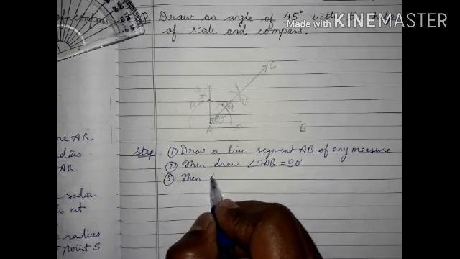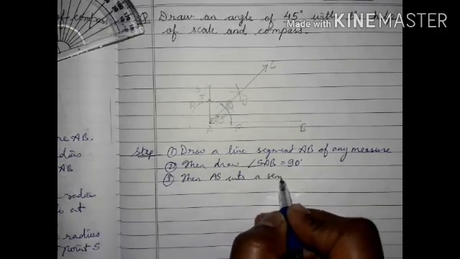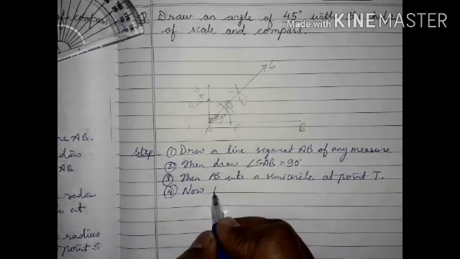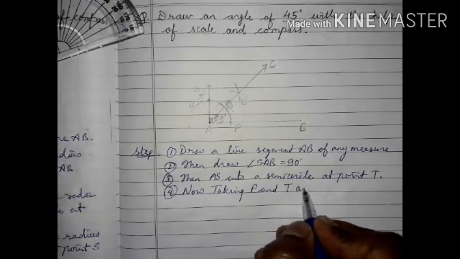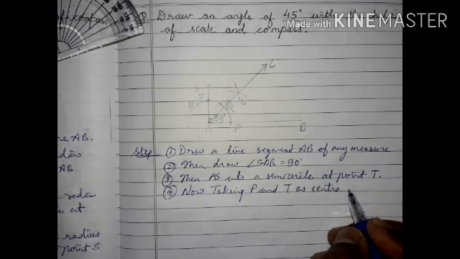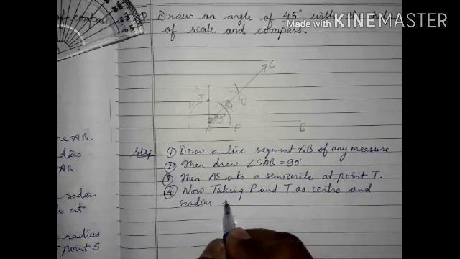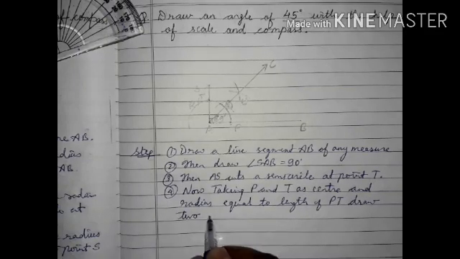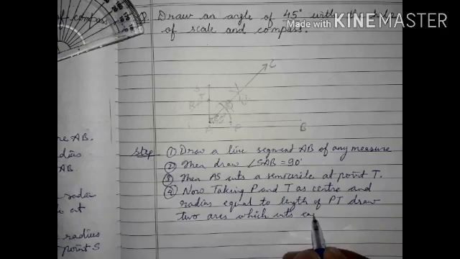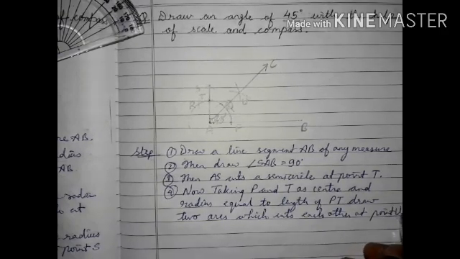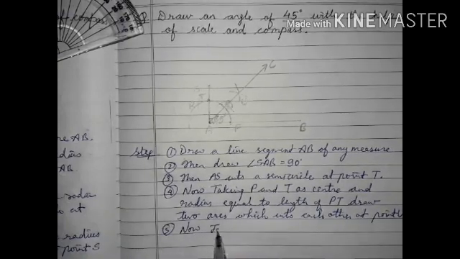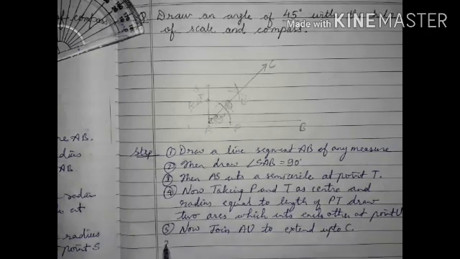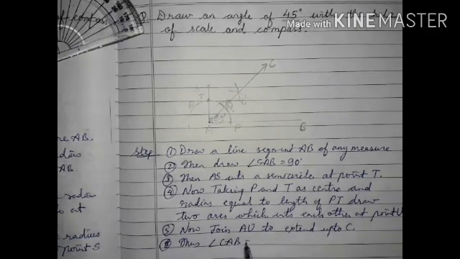Then AS cuts the semicircle at point T. Now taking P and T as center and radius equal to the length of PT, draw two arcs which cut each other at point U. Now join AU and extend up to C. Thus angle CAB is equal to 45 degrees.